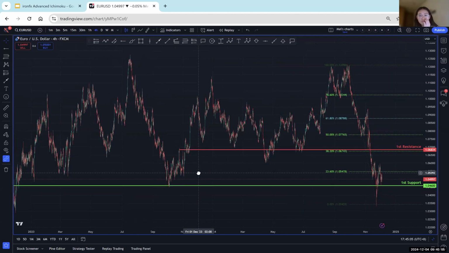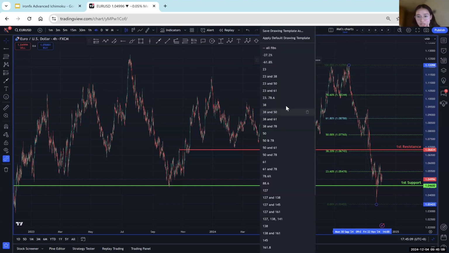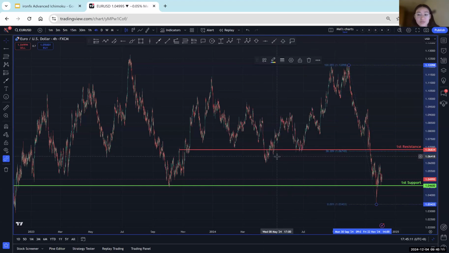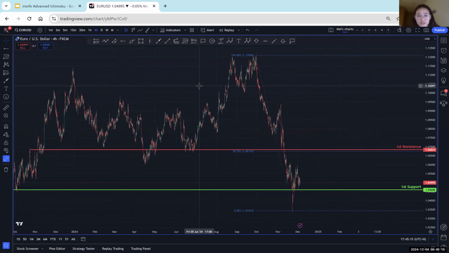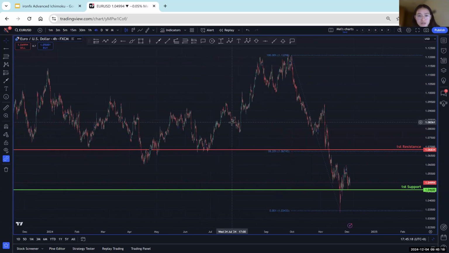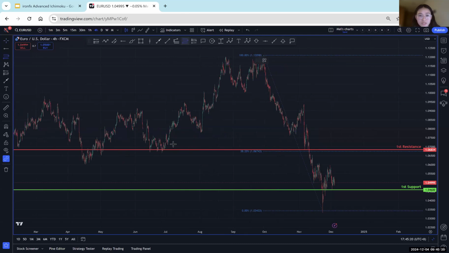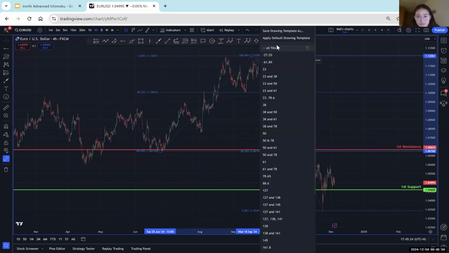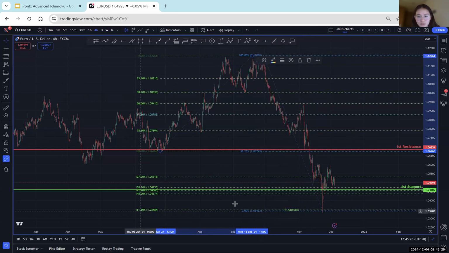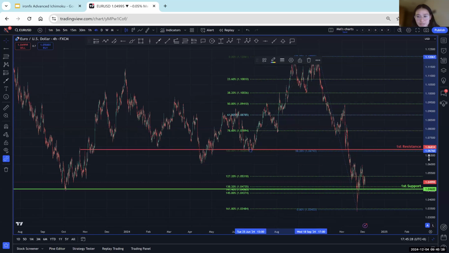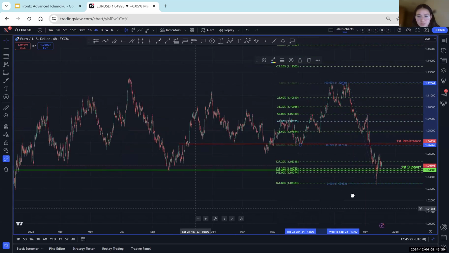Okay, I'm just gonna keep the 38.2 since that lines up with our first resistance. And okay, I think we have a Nike tick shape here as well. So I'm gonna go in with our extension. Okay, and our 161.8, you can see it lines up.